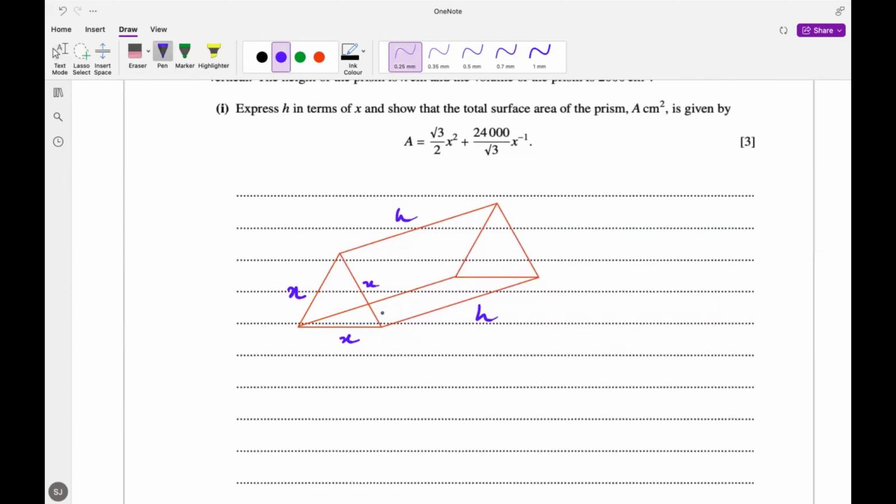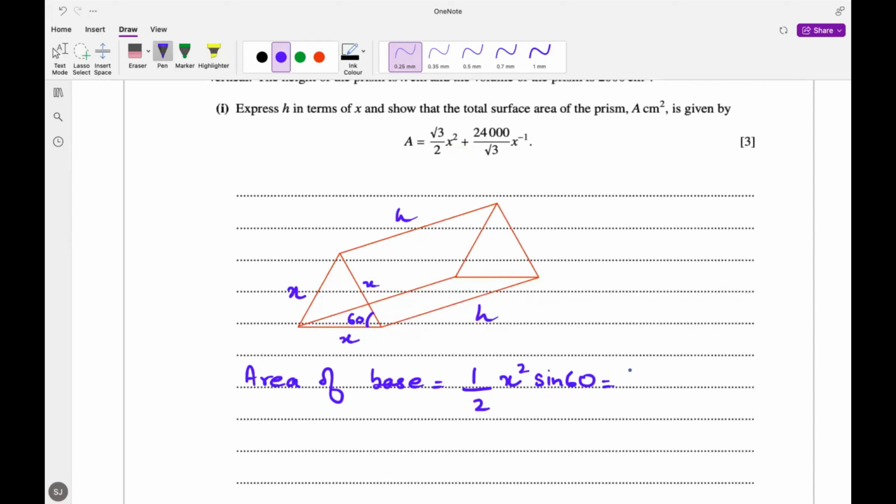Now to find the area of the base, we'll find the area of the triangle, and as we know, it's an equilateral triangle, so this angle will be 60. So the area of the base is equal to half ab sine C, the formula to find the area of a triangle which is not a right angle. So this will become half times the two lengths, which will be x squared, times sine 60.